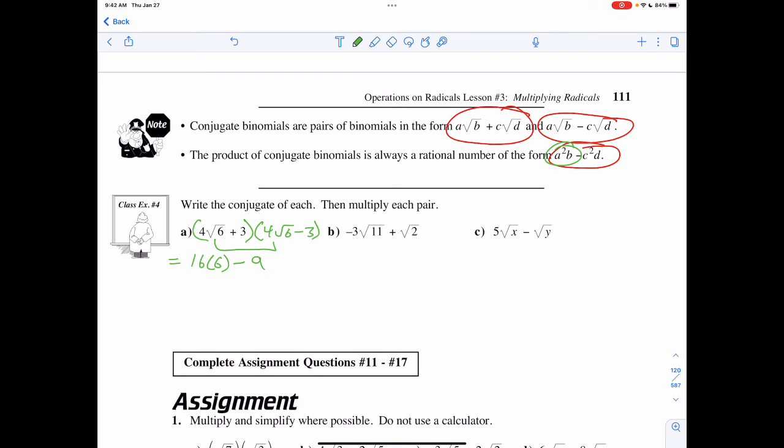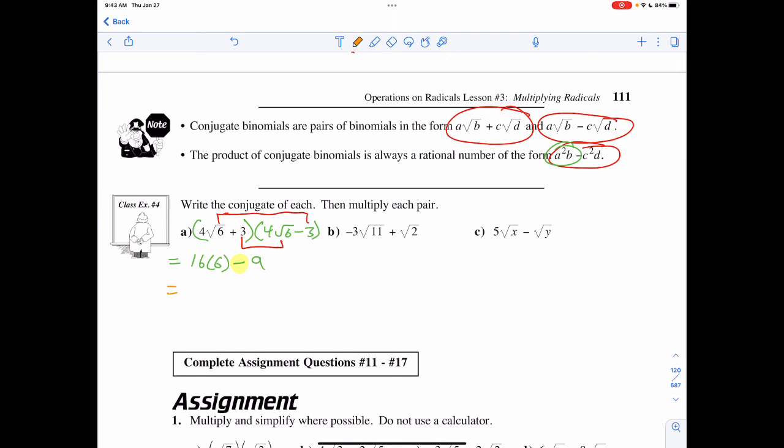And the two middle multiplications, the outside terms and the inside terms, will cancel each other out. So negative 12 root 6 and positive 12 root 6 are going to be gone. So I can just say that it's going to be the first term squared minus, and the key is it's always going to be subtract, minus the second term squared.